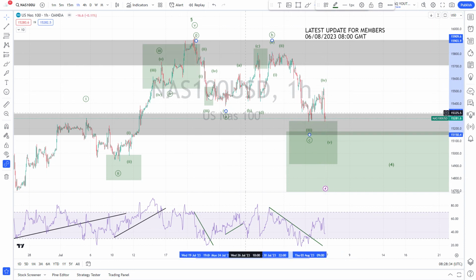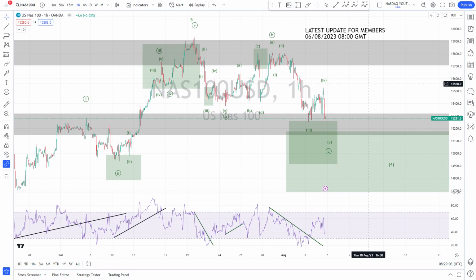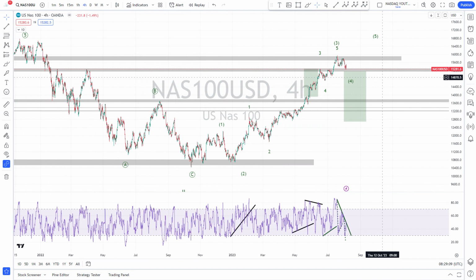So if the wave C is in here, W X, then Y down again in 3, 1, 2, 3, and then we go deeper into this area, or the wave C just looks like this, single correction, and then this is our impulse, 1, 2, 3, 4, 5, and then more upside from here. So this is something to analyze next week and to pay attention to.